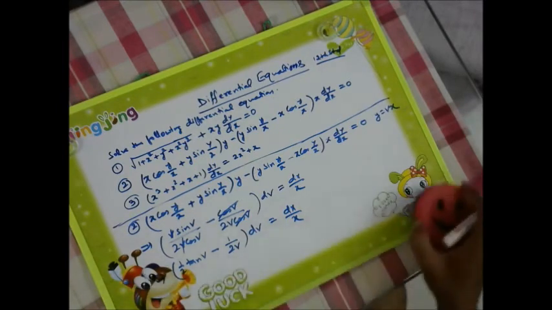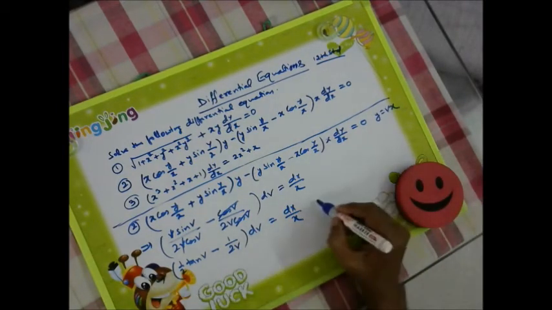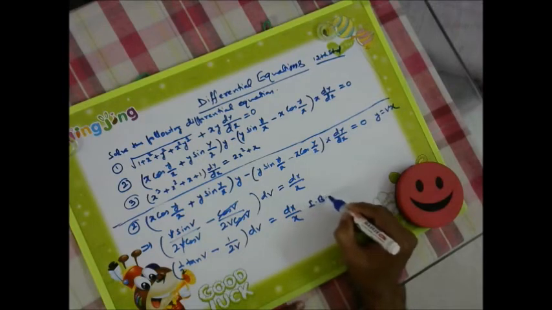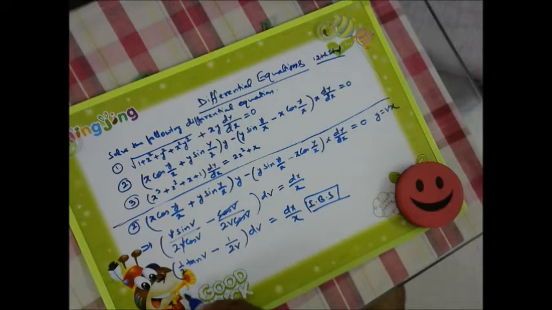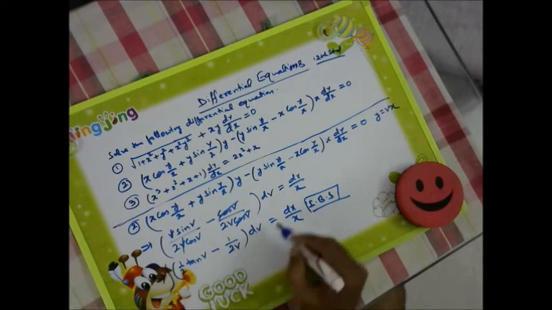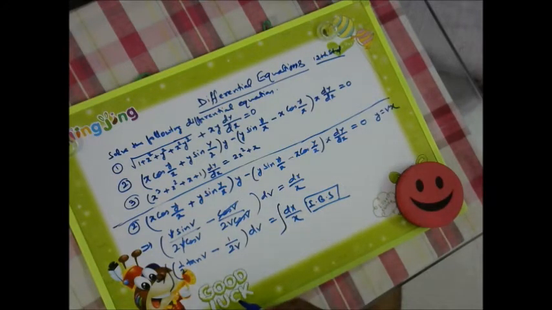Now coming for integration both sides. So we will go for integrating both sides, IBS. So this integration we can put direct integration sign. Now further, so half tan v.